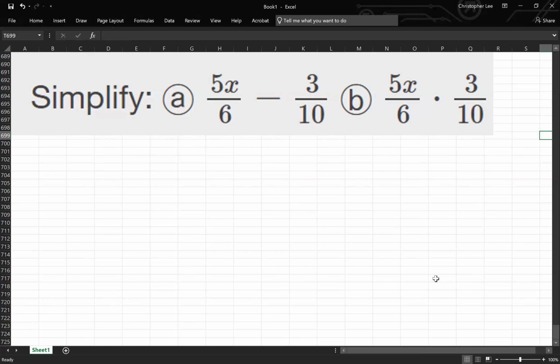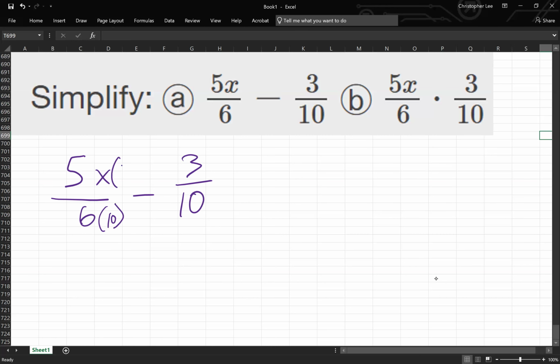So this is actually a good example of this question here, right? So what you were saying, if we could just put them together, I'm gonna put them together and I'll show you what happens, right? So 5x over 6 minus 3 over 10. Very simply, I see 10, multiplying the bottom by 10.